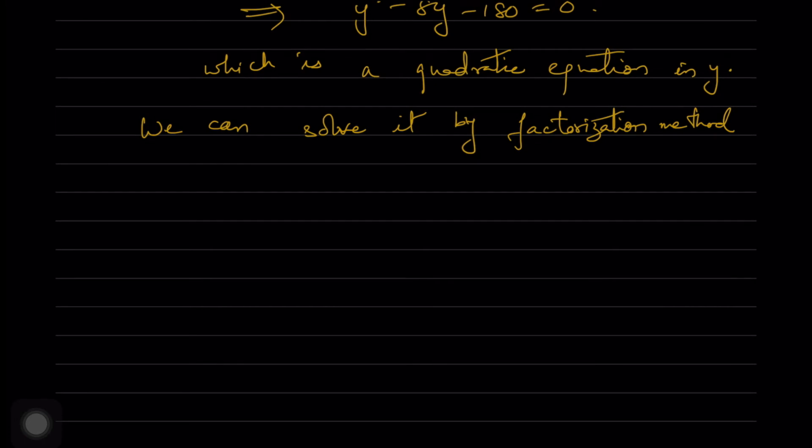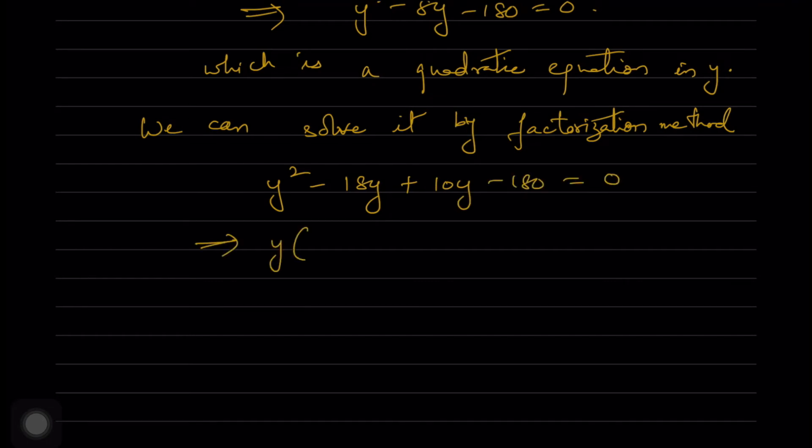So the factors of 180 are 18 and 10. 18 minus 10 is 8, or minus 18 plus 10 is minus 8. So you're going to get it as y square minus 18y plus 10y minus 180 is equal to 0.